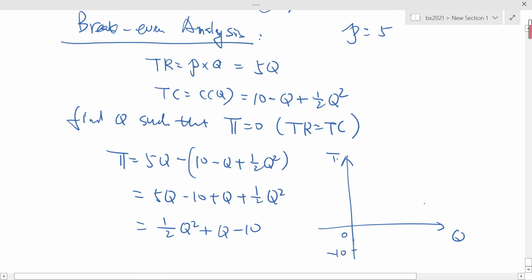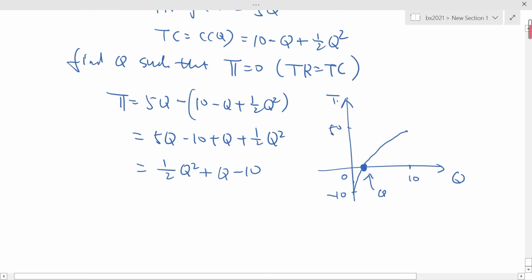If q is equal to, say, 10, profit is 50, something like this. The curve looks something like this. So what we want is this q. That's the break-even level of output.